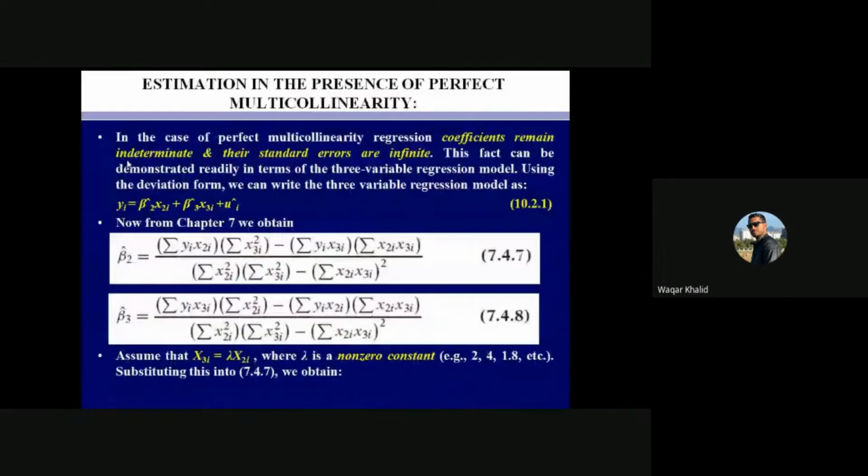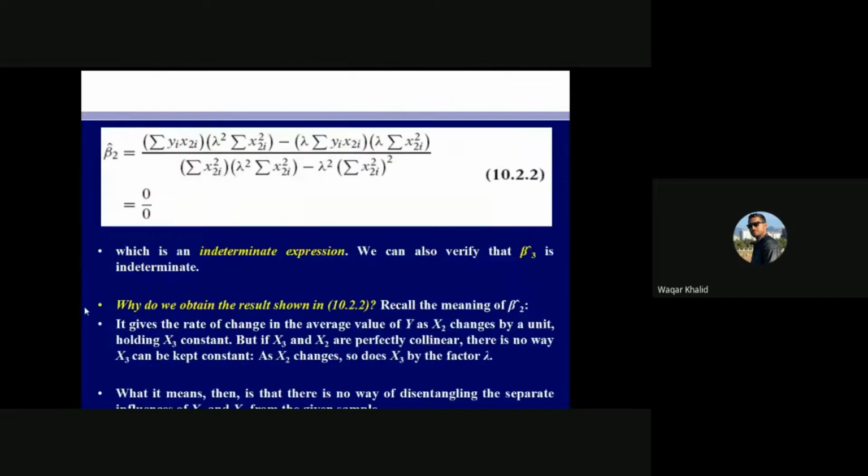Now, what about beta 3? This is the slope coefficient of the x3 variable. Similarly, if you substitute this relationship in 7.4.8 to calculate the value of beta 3, again you will get this answer.